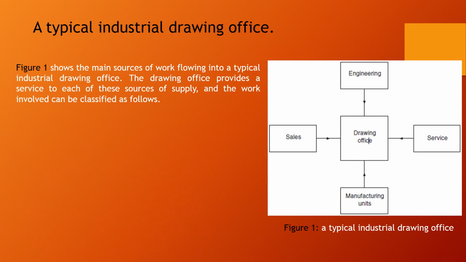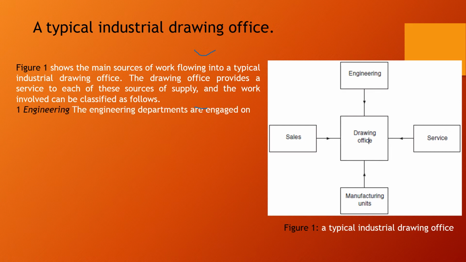Figure 1 shows the main sources of work flowing into a typical industrial drawing office. The drawing office provides a service to each of these sources of supply, and the work involved can be classified as follows.